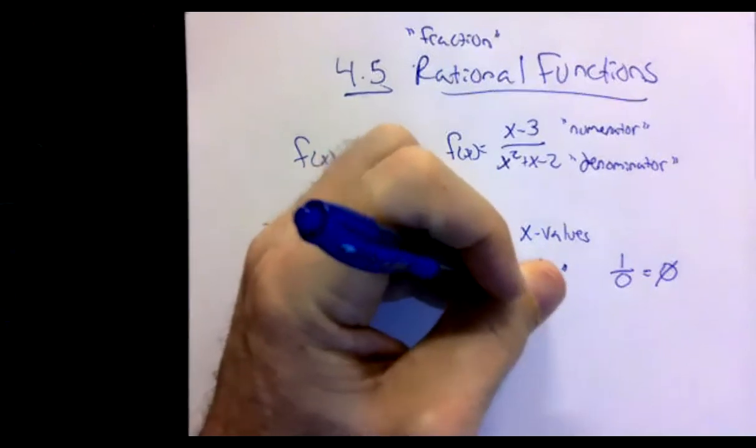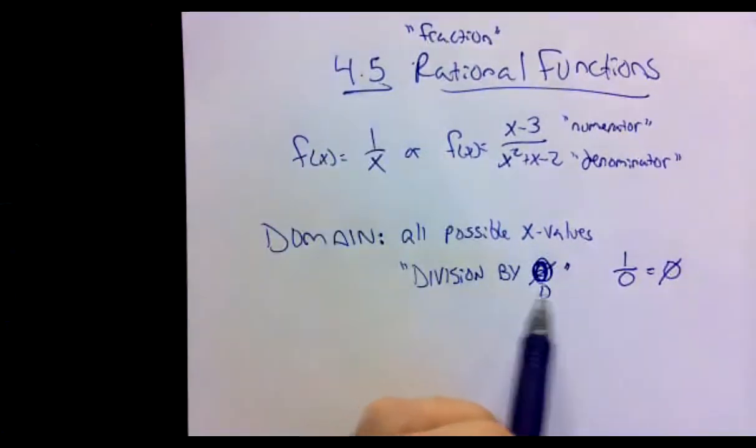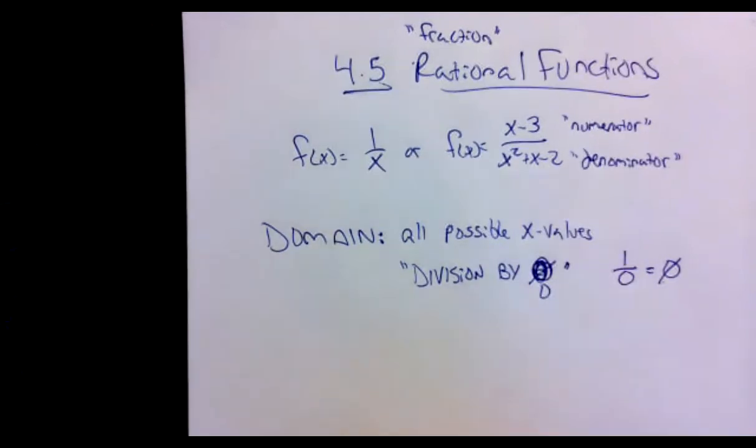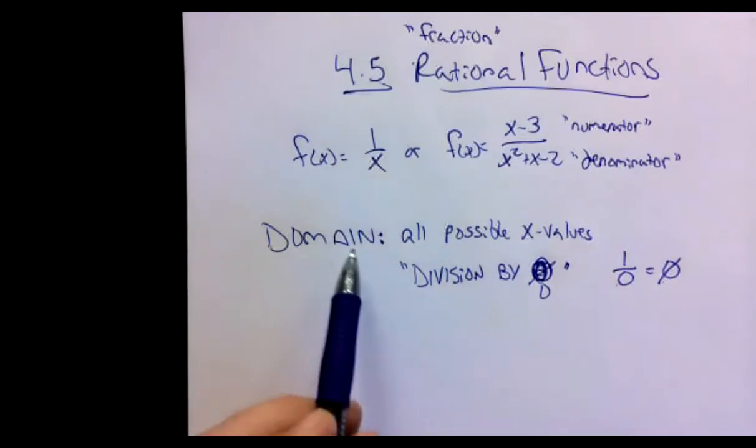So I guess technically that should be a 0, not an undefined symbol. I wrote the wrong thing. Anyway, so if you divide by 0, you get an undefined problem. So anything that causes division by 0 needs to be excluded from the domain.